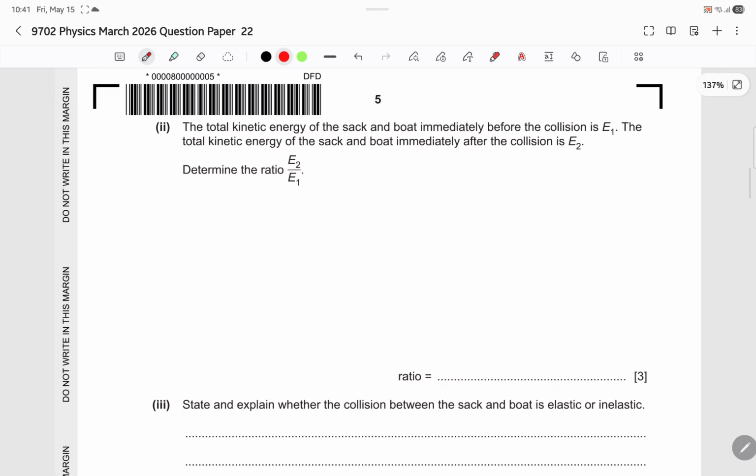So before collision, the speed is this, half into the formula for kinetic energy. I think all of you should know this, half mv squared. So half into the mass 183 into the speed after the collision, which is 0.42, we just figured out, squared, divided by before.